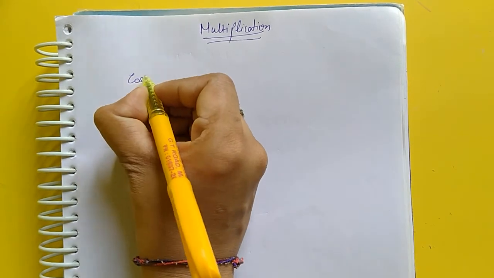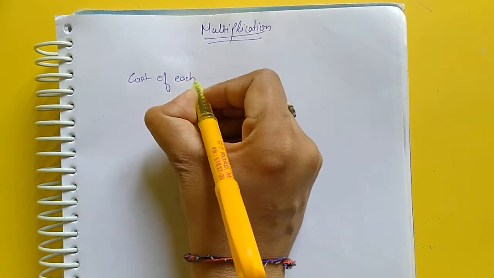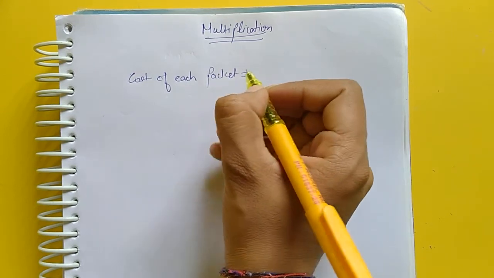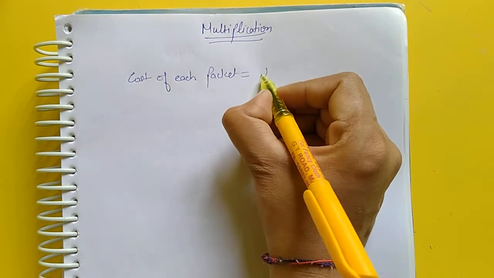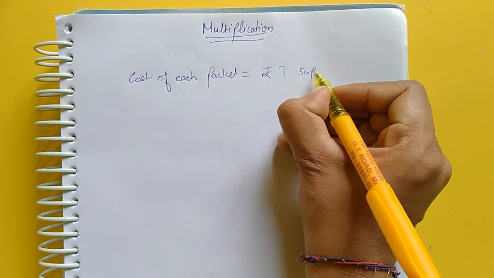Okay. Next is multiplication. Pragya bought 5 packets of board pins costing 7 rupees 50 paise each. How much money did she spend in all? So cost of each packet equals to rupees 7, 50 paise.